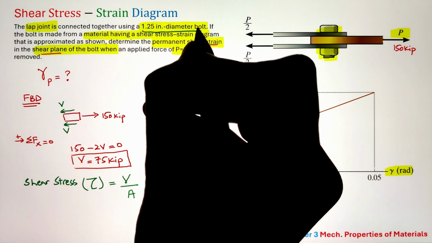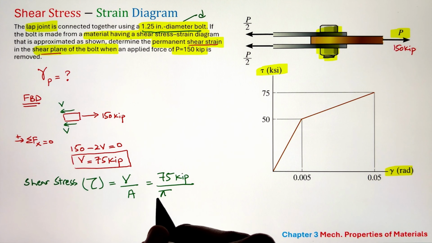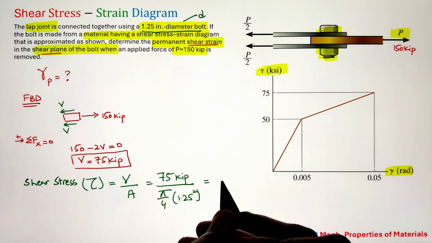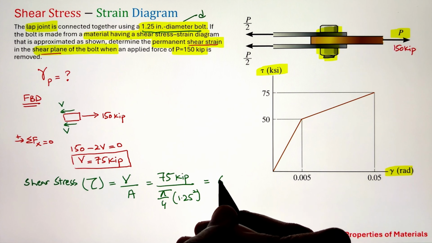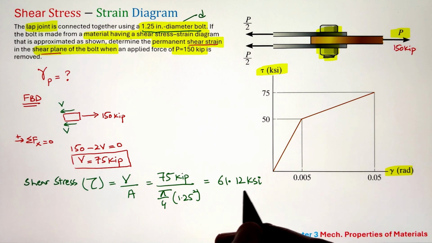Here we are given a diameter equal to 1.25 inches. So the cross-sectional area will be pi over 4 times 1.25 squared. Simplifying, we get our value of shear stress as 61.12 KSI.